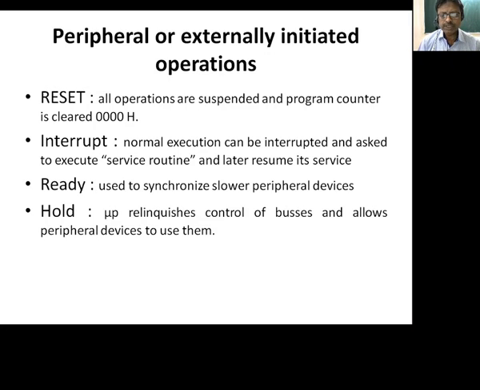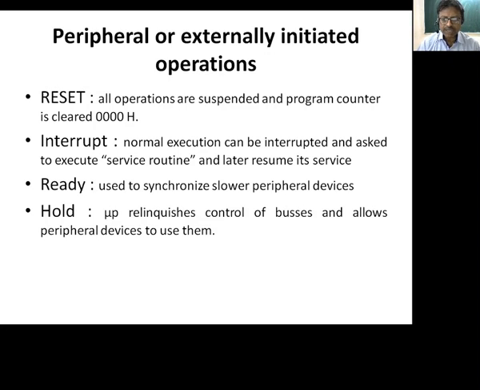And once this hold signal is received by the processor, what will the processor do? The processor will release the control over the address bus, data bus, and control bus, and give this control to the peripheral device that wants to transfer the data. Once this control is obtained by the peripheral device or the memory device, it starts using these buses and does the actual transfer.